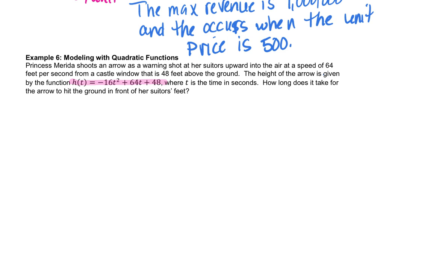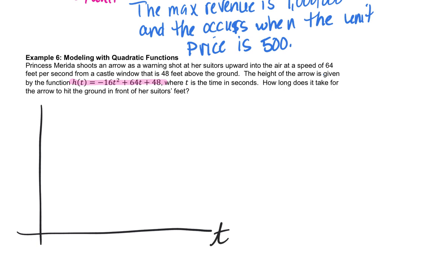So again, think about it: you're not going to have anything except in quadrant 1 because you cannot have negative time. So this is your time, and this is the height. All right, we are starting at 48 feet.